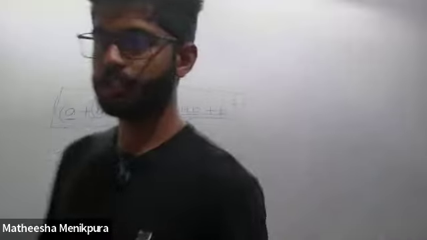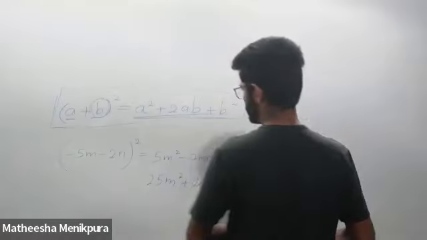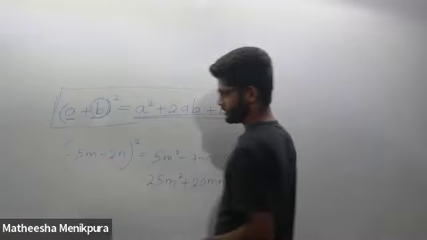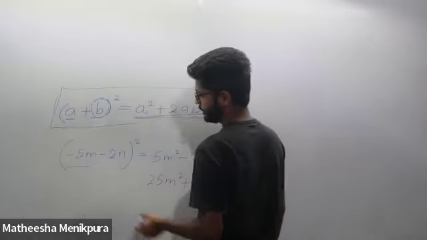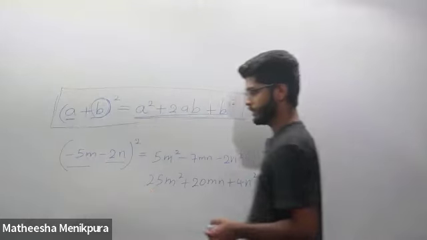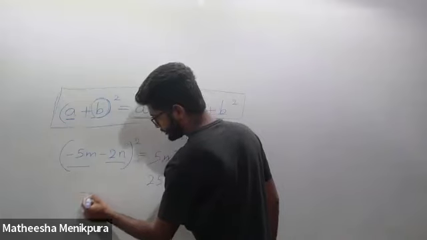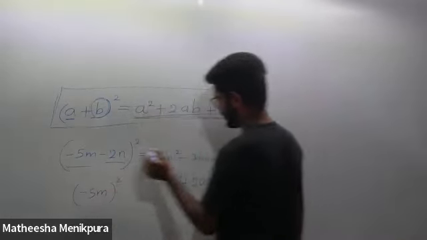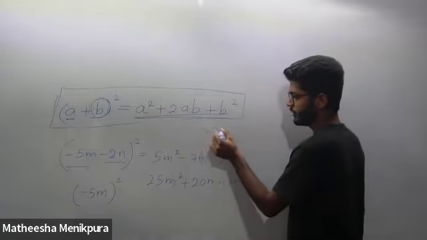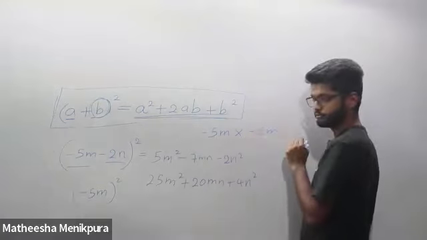Let's see what is the correct one. First we have to take the square of the first term. Here the first term is minus 5m, second term is minus 2n. Square of the first term is (-5m) squared, which means minus 5m multiplied by minus 5m.